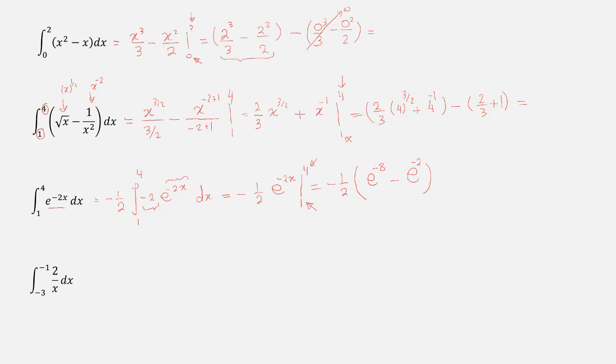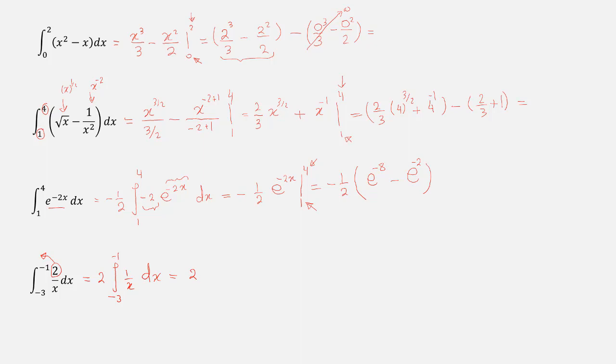Next, we have the integral of 2 over x from minus 3 to minus 1. 2 is a constant coefficient, so it goes outside the integral. We have 2 times the integral from minus 3 to minus 1 of 1 over x dx.